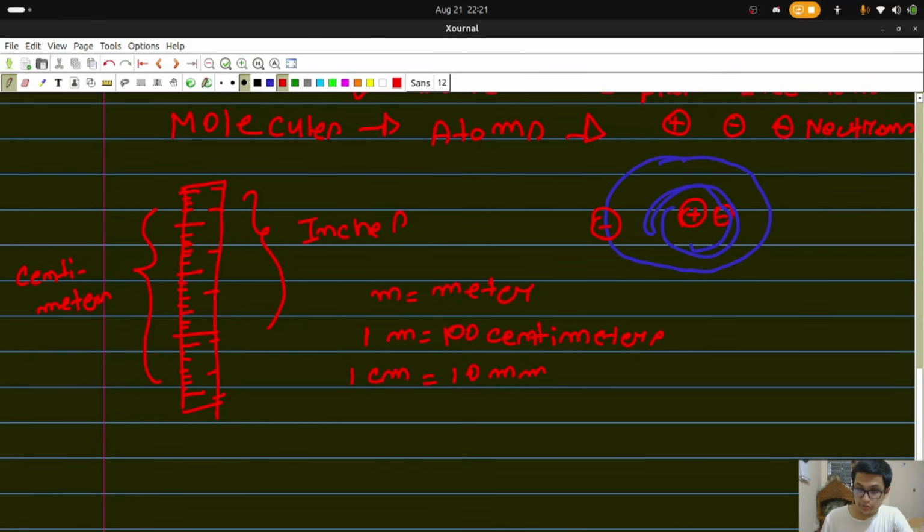Now we can do the same trick. 100 cm per 1 meter, and 10 millimeters per 1 centimeter. The centimeter cancels out, and we get 1000 millimeters. So we can say that 1 meter is equal to 1000 millimeters. I hope you understand.